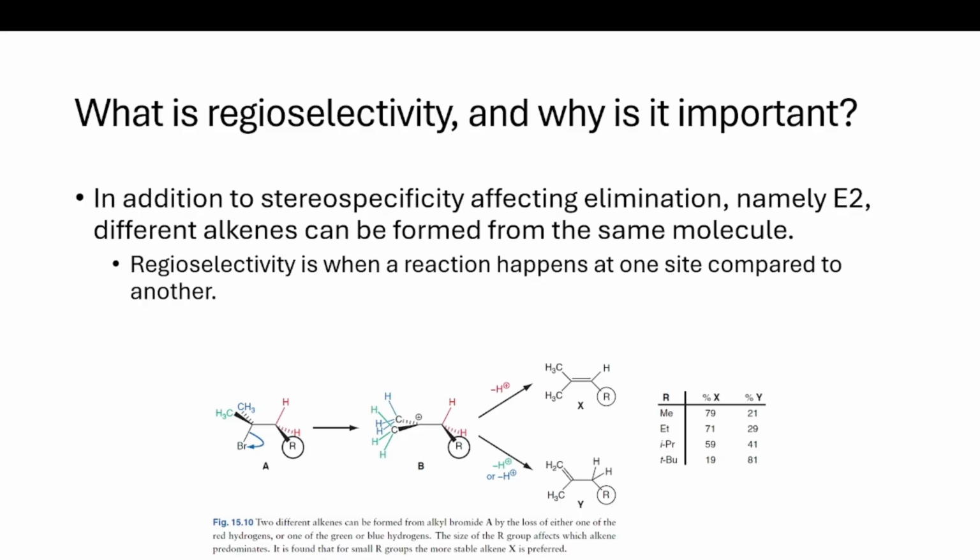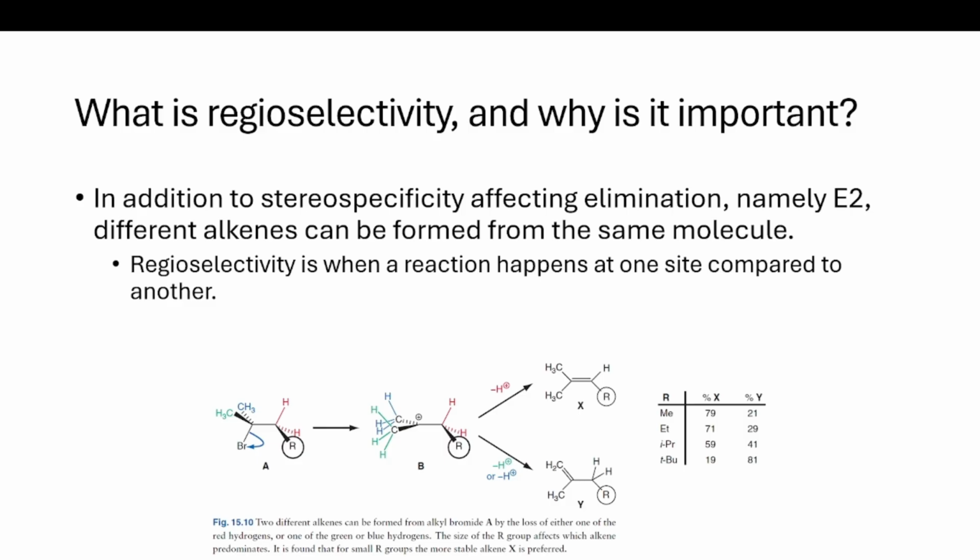Which protons the base takes away affects the product. We get alkene X and alkene Y from this, and this is directly related to regioselectivity, which is when a reaction happens at one site compared to another.